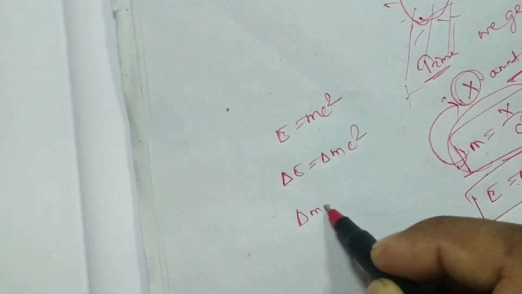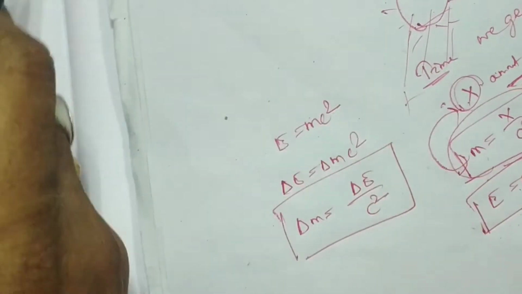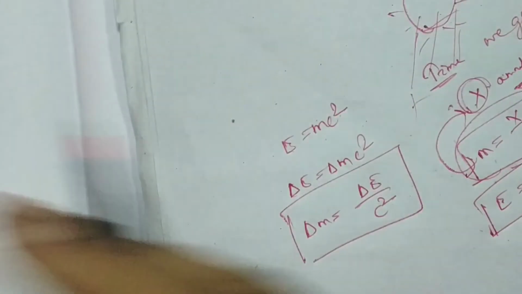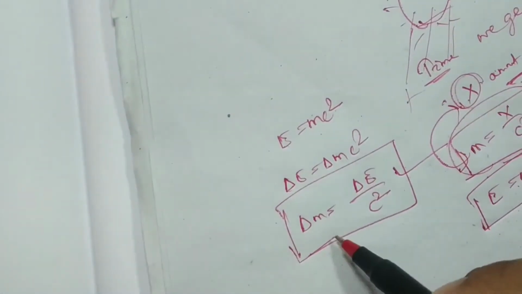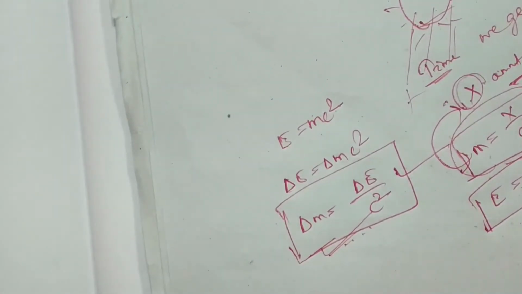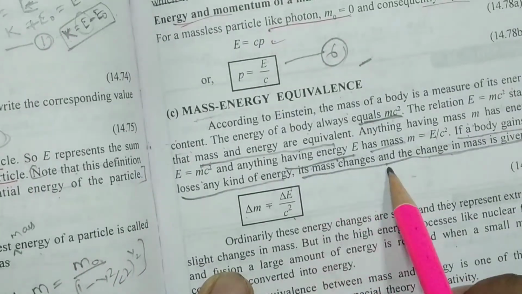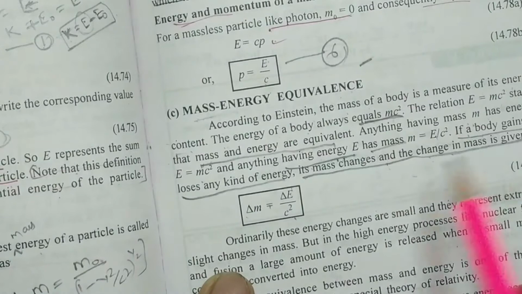The change in mass is equal to del E by c square. In this way, change in mass also we can find out. On the basis of this expression, we are going to do one problem in this video. You just watch.